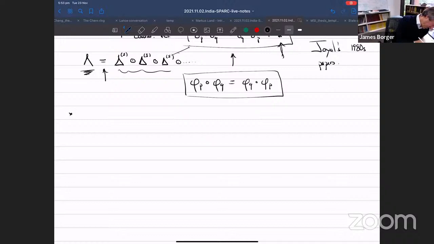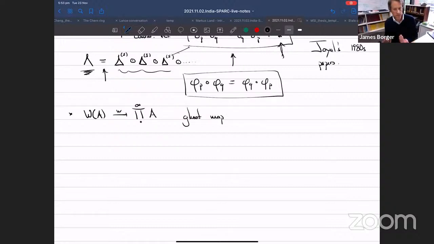Okay, so let's just go back. So remember, we have a ghost map, and it maps to the product ring. So you can understand something about Witt vectors by looking at their images in this product ring and doing all computations there.